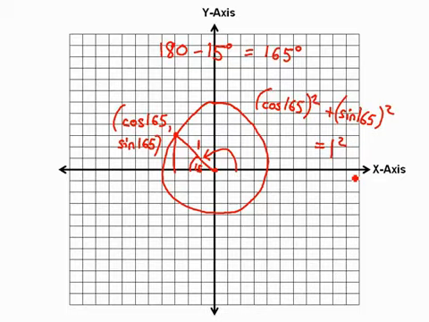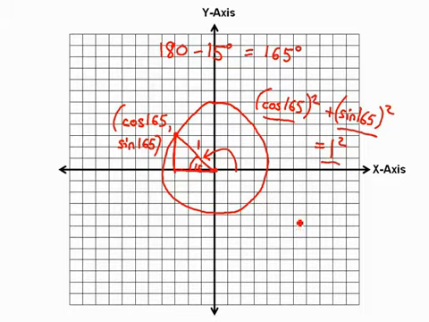Another way to think about it is to think about it like a right-angled triangle. If cos represents the horizontal motion and sine represents the vertical motion, then a right-angled triangle states that the amount you move in each of the legs, so horizontal squared plus vertical squared, right, equals the hypotenuse squared, which is exactly what I'm saying here. Horizontal, vertical, hypotenuse.